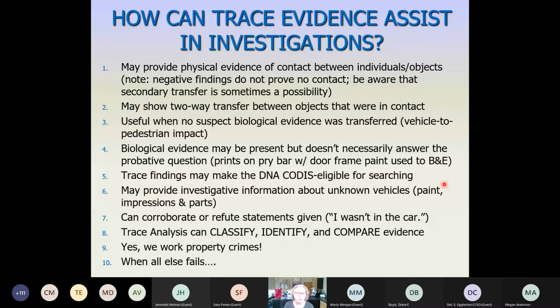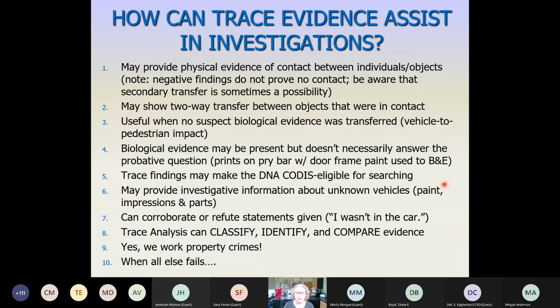Number six, we may be able to provide investigative information about unknown vehicles. We will talk a lot about that in the coming weeks. Number seven, oftentimes we can help to corroborate or refute statements looking at the physical evidence.